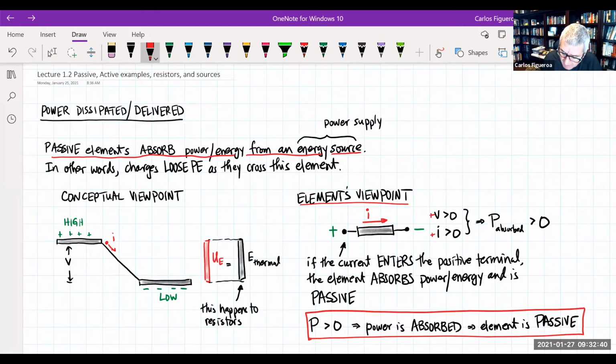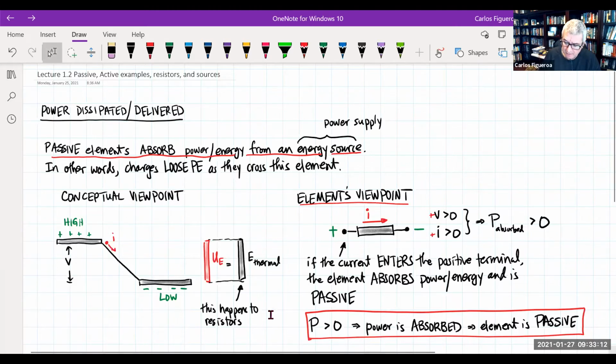So when I multiply voltage times current to get the power, we then say any element that absorbs energy / power, its power is greater than 0. So once again, if the current enters the positive terminal, then that element is passive, which means that it absorbs energy from the circuit. Okay, so let's go to the next one.